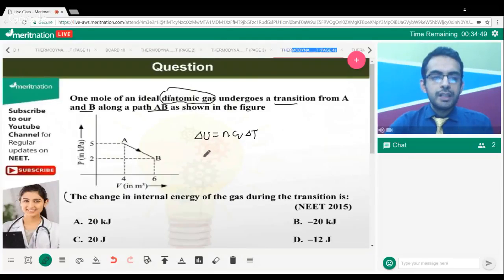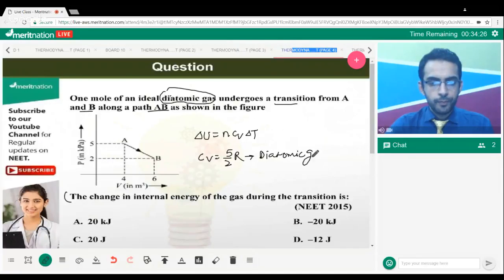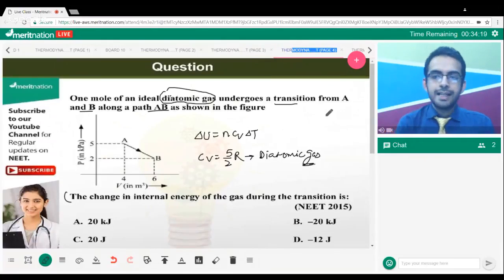So what is the value of CV for diatomic gas, students? Tell me. CV for diatomic gas is 5 by 2R, right? 5 by 2R is CV for diatomic gas. Beta, that's CP. Okay, Smruti, that's CP that you're writing.